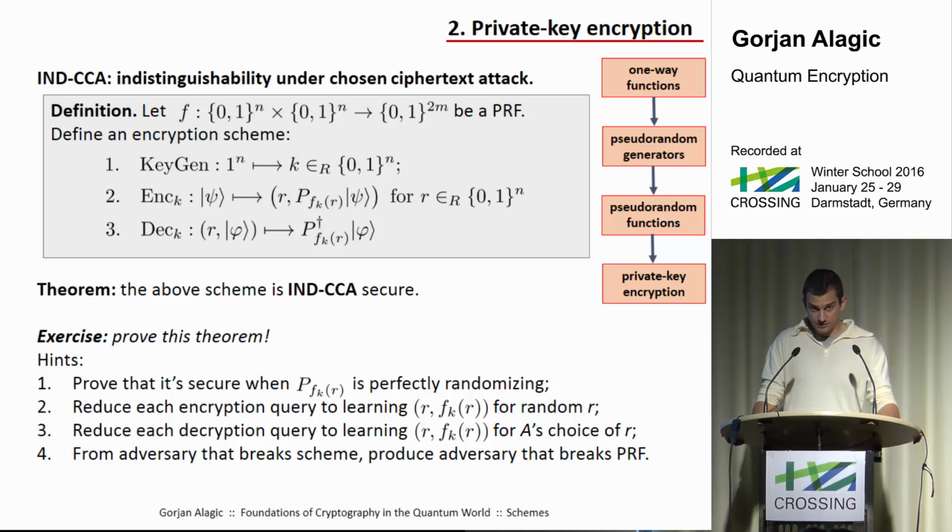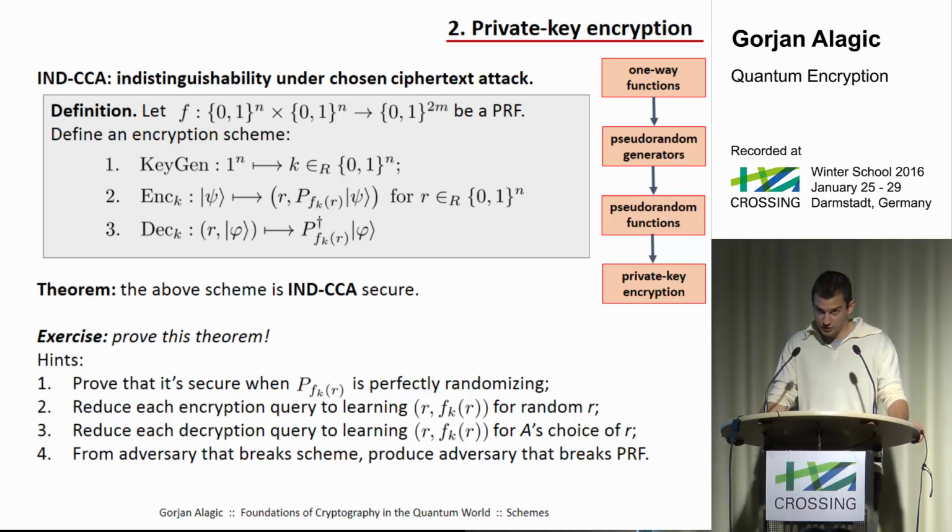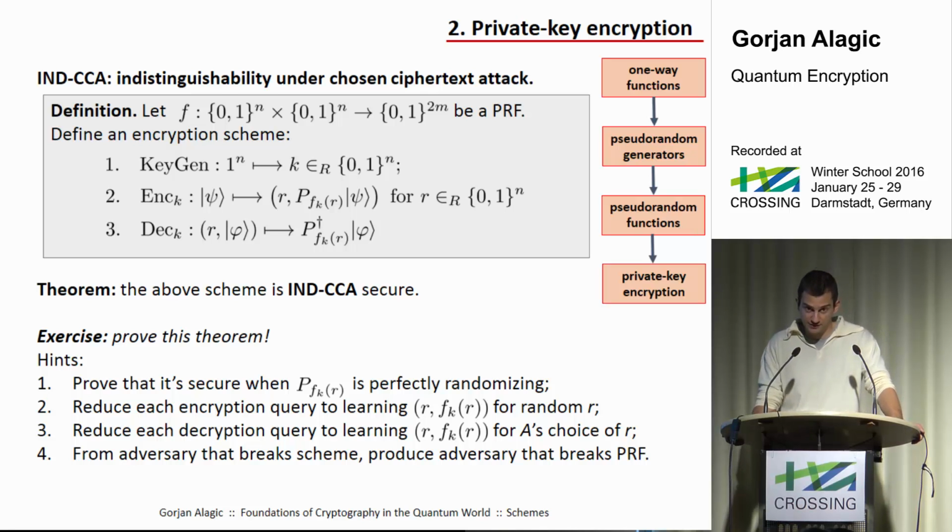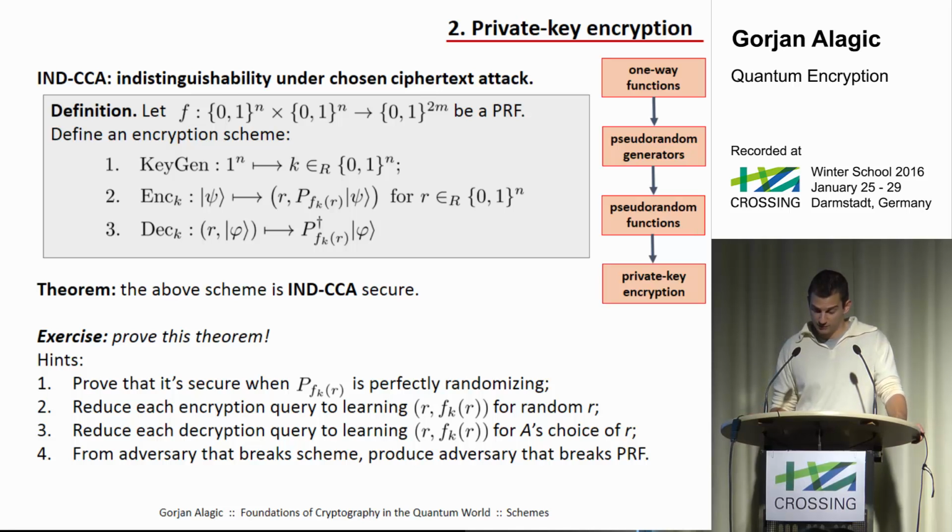And each call to the decryption oracle corresponds to learning the output of the pseudo-random function at some input of the adversary's choice. If you go back and look at the definition of a pseudo-random function, it should be fairly clear that these are not very helpful things. In fact, they're not helpful at all for the adversary. So with these hints, it's relatively straightforward to prove this theorem.